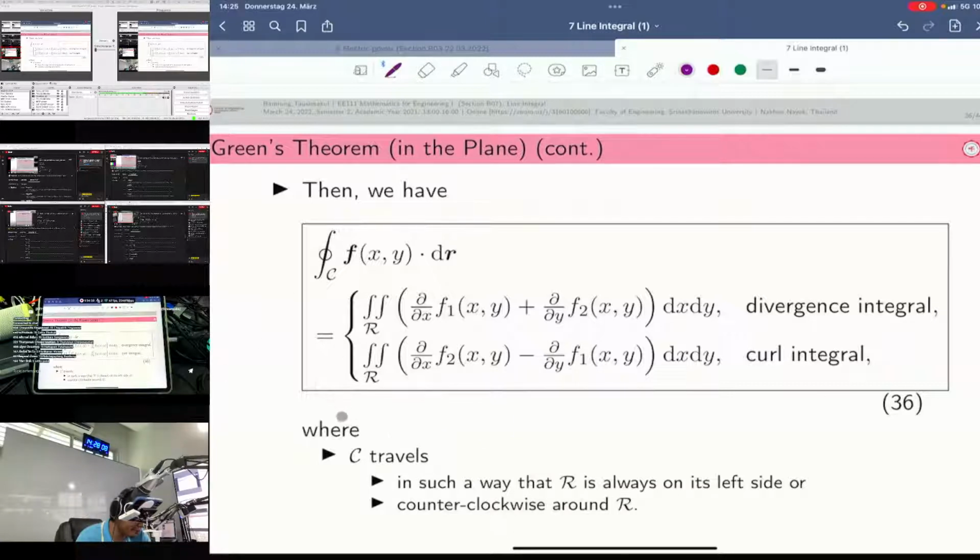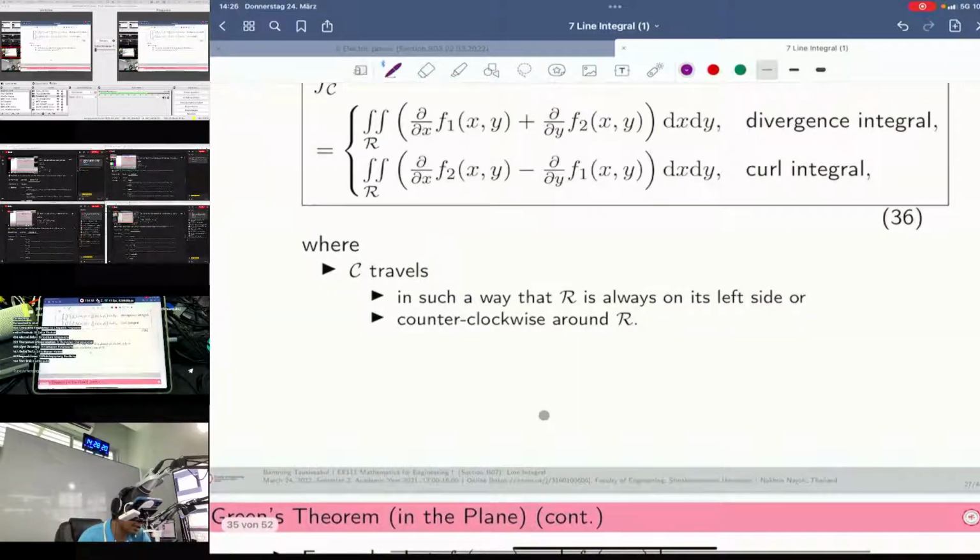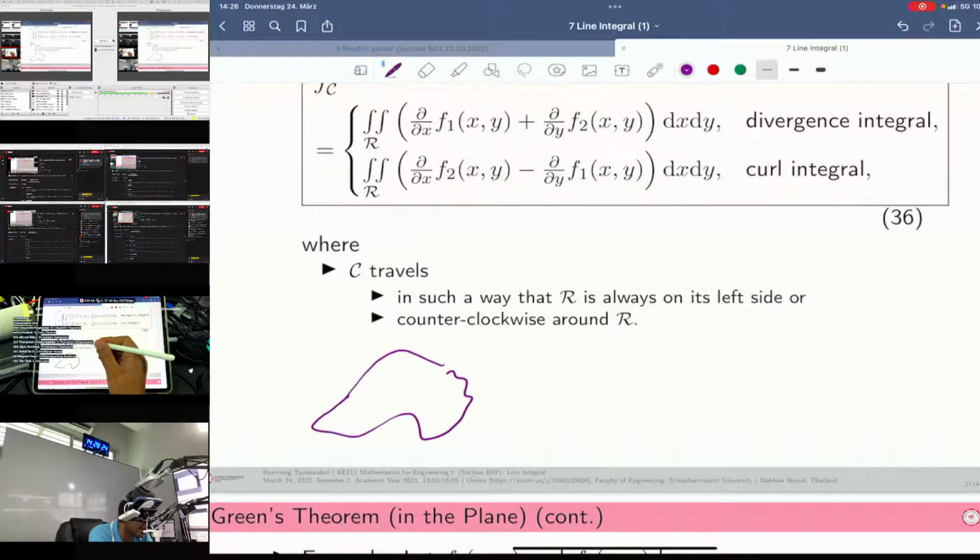And C is the contour or the closed path in such a way that R is always on its left side, or counterclockwise around R. If you have region R like this, this is the region R. And the curve C will be the curve like this.